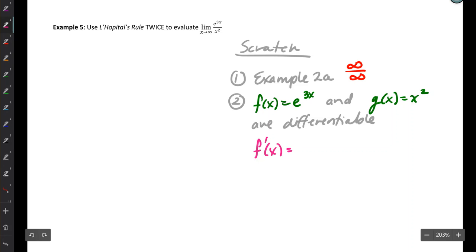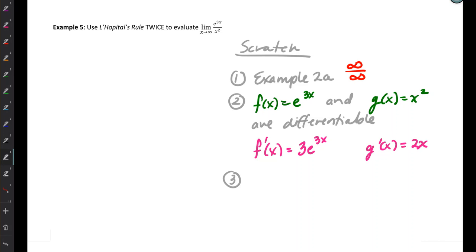Chain rule on f, we have e to the 3x times 3. And power rule on g, we got g prime is 2x. All right, and then 3, the derivative of the denominator function is not 0 for x values near where we're approaching, in this case, infinity.